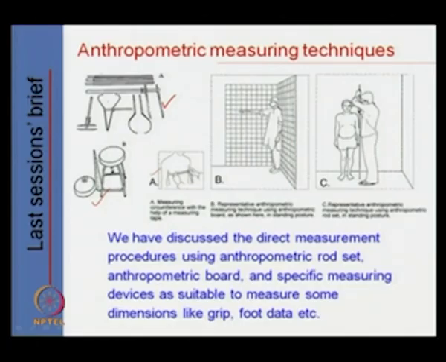We discussed the brief measurement procedures using the anthropometric rod set, anthropometric board and specific measuring devices suitable to measure some dimensions like grip, foot, etc.